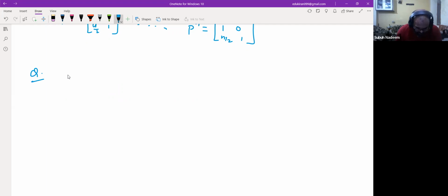The number of elements in the set. This is a question which has come in 2021 JEE in August shift 2.